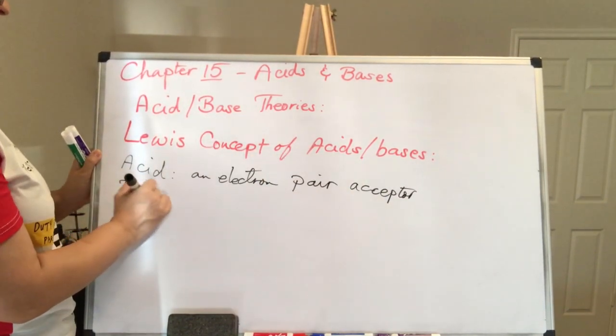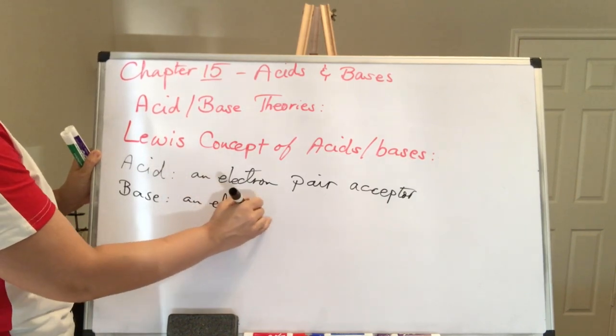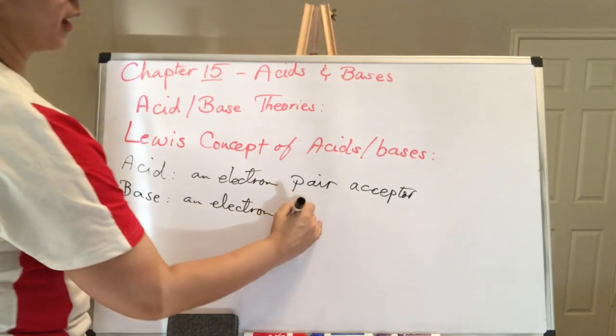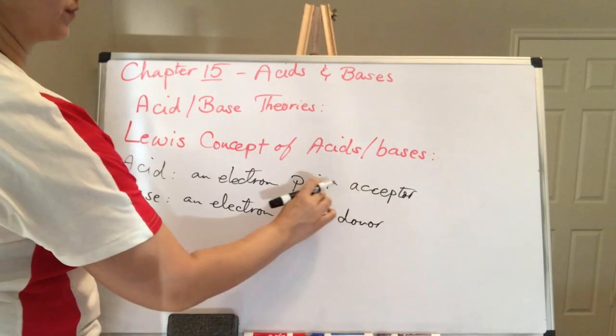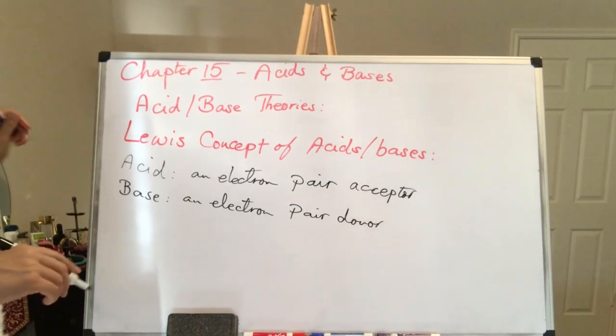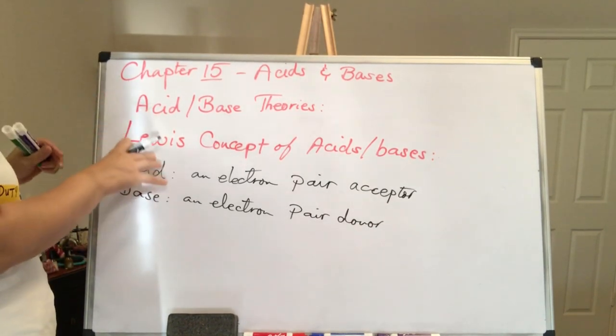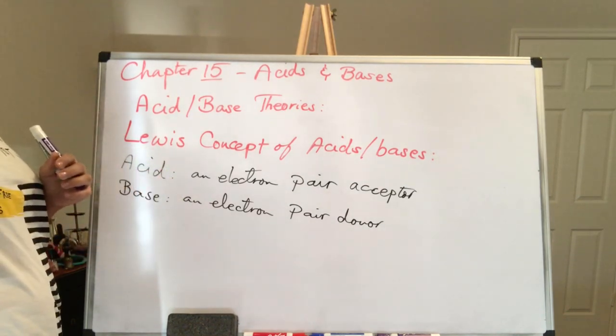And base is an electron pair donor. Okay? Let me give you an example to understand. But before that, let me tell you how to determine the acids and bases in this theory.